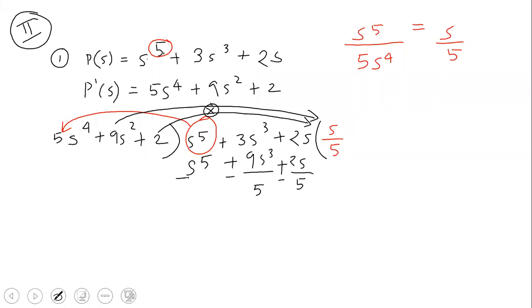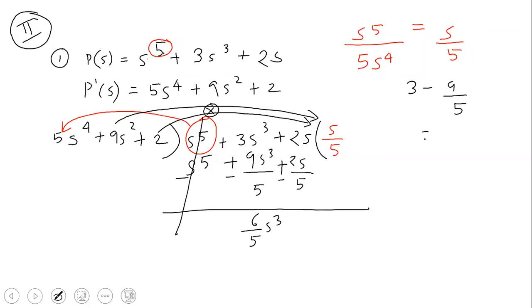Minus, minus, ये cancel हो जाएगा. So can you tell me how much this is going to come? This is going to be 3 minus 9 by 5, so 15 minus 9 by 5 is 6 by 5 S cube. And this is going to be 2 minus 2 by 5, so that's plus 8 by 5 S.